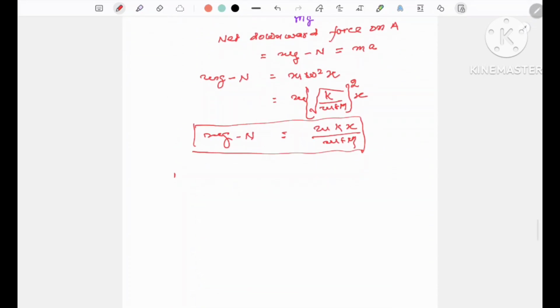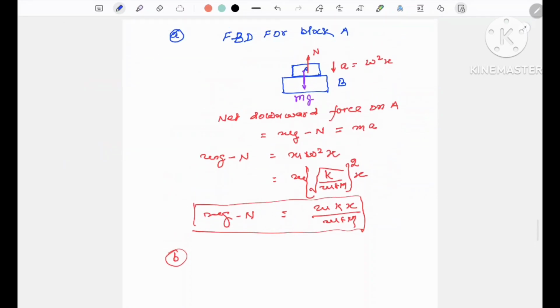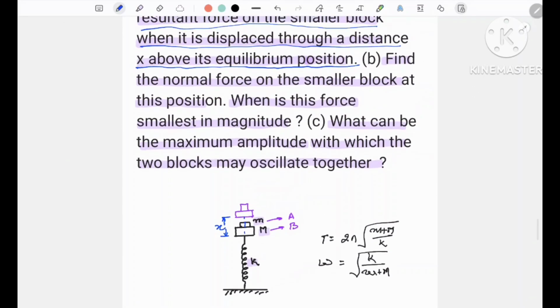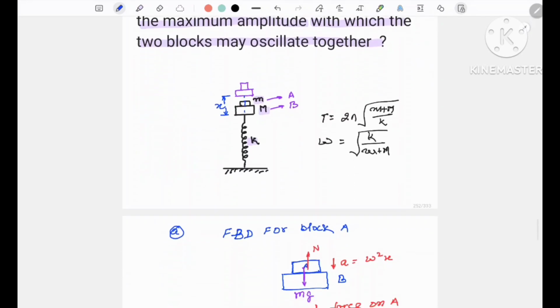Part B. Find the normal force on the smaller block at this position.